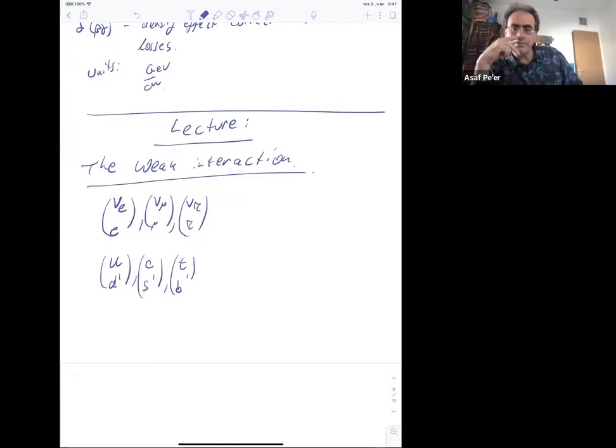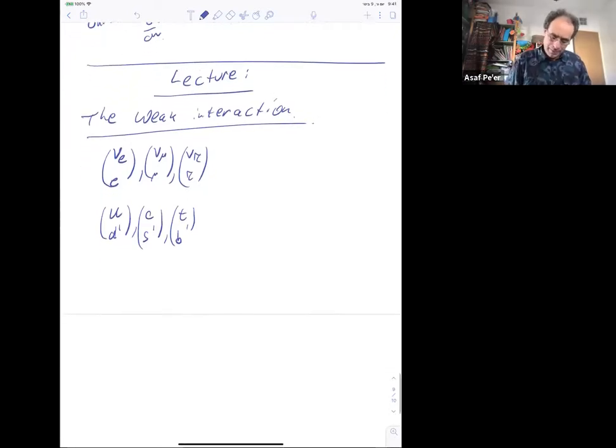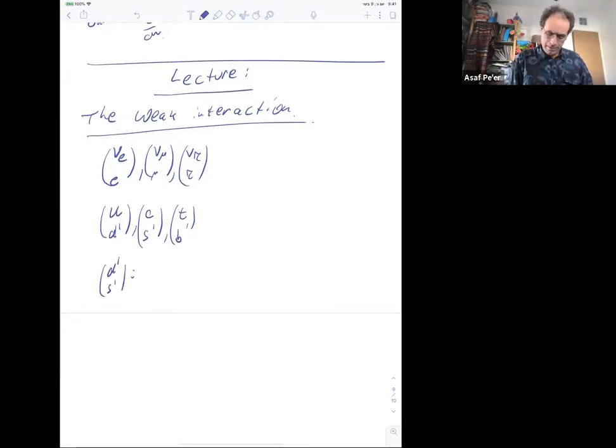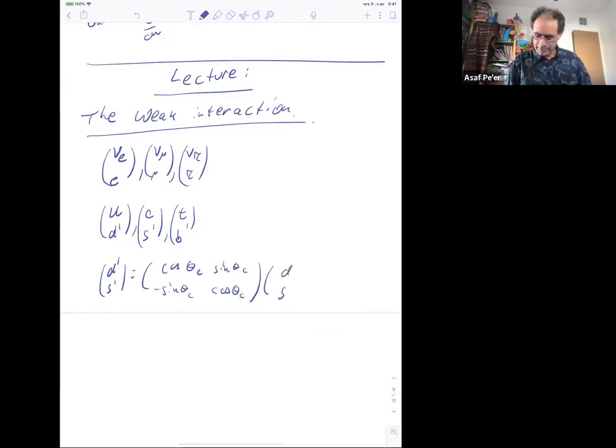These are the ones that appear in the interaction, and they are related to the mass eigenstates by the Cabibbo matrix. So when Cabibbo wrote his theory back in 1961, I think, there were only 3 quarks known, u, d, and s. So we just wrote down d prime and s prime as cosine theta Cabibbo, sine theta Cabibbo, minus sine theta Cabibbo, and cosine theta Cabibbo, acting on d and s.